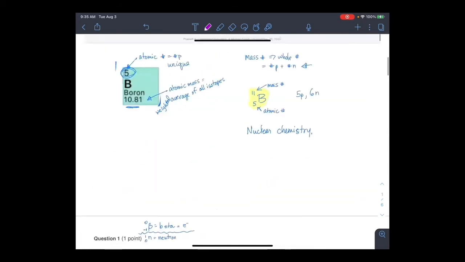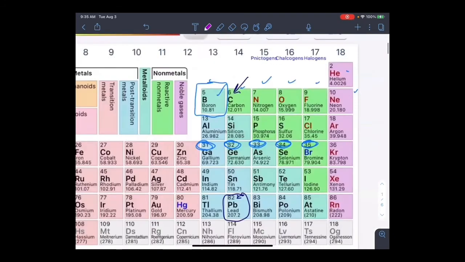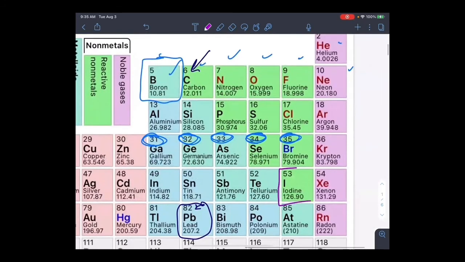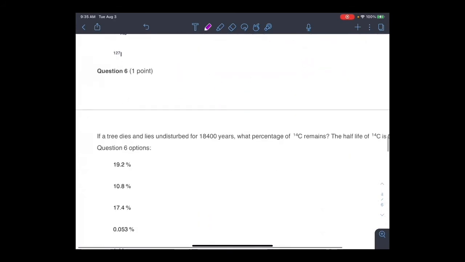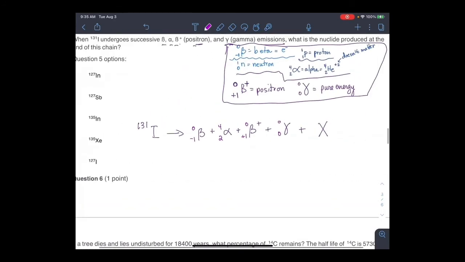I'll come back. I find my iodine. There it is. It's atomic number 53. So as I come back down here to this problem, it gets a 53. So the bottom is 53. That means this bottom must add to 53. Let's see what I got.